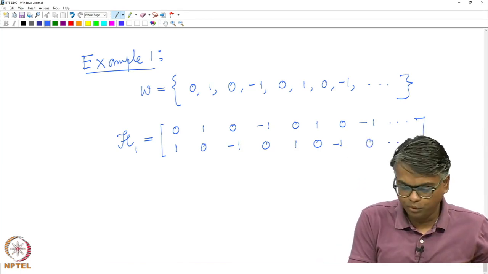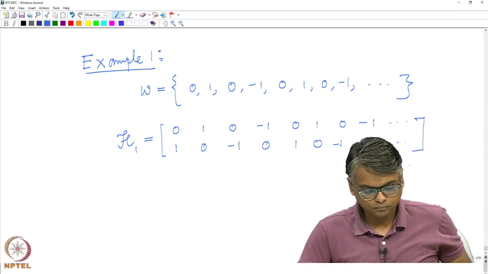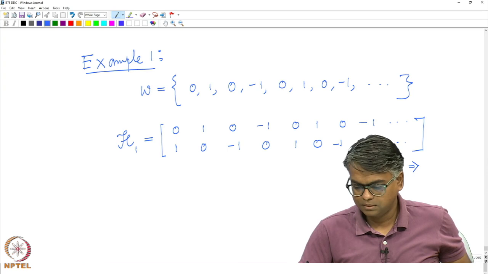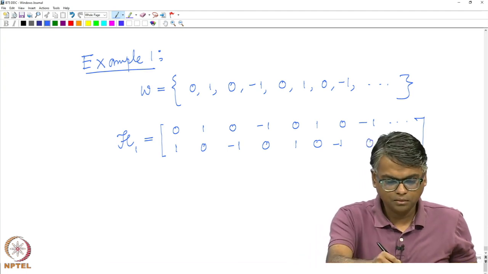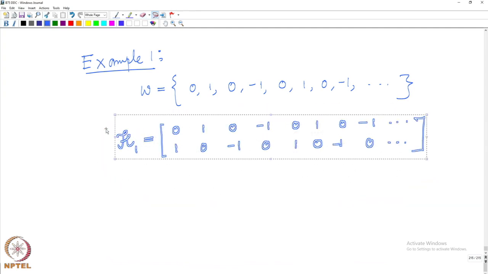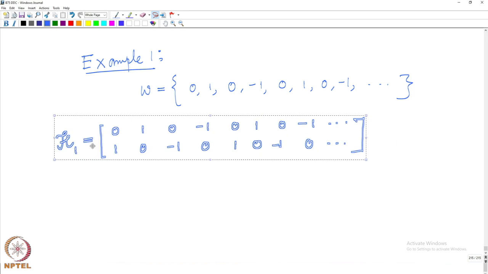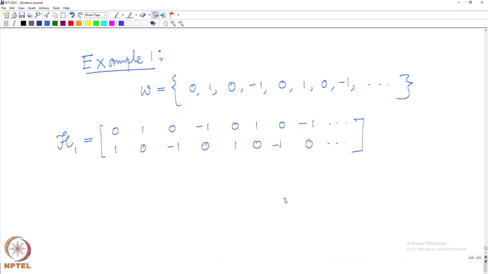What is the rank of H1? Each time I write H, I will write its rank on the right side.